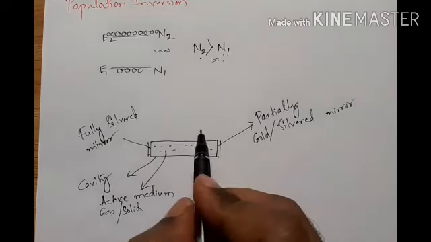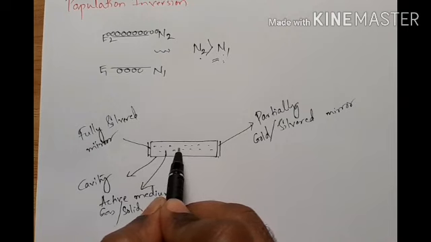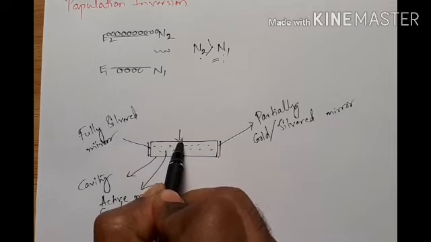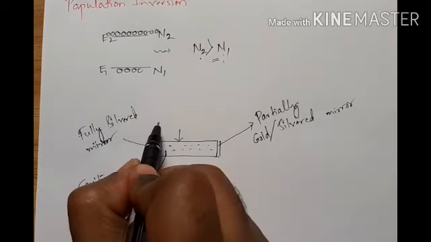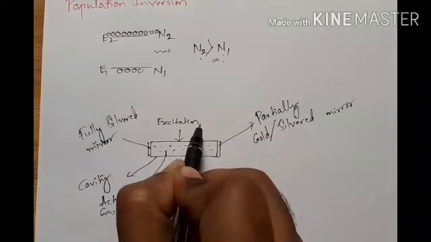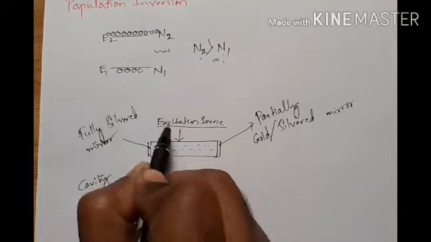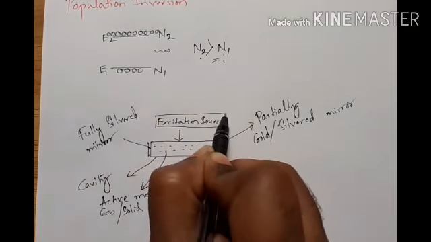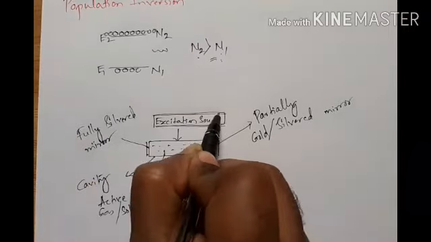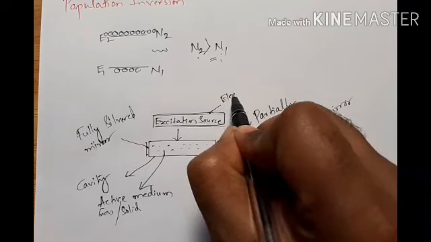We have to supply energy to this medium so that it will get excited and go to the excited state. So what we need is an excitation source. This excitation source may be electrical.